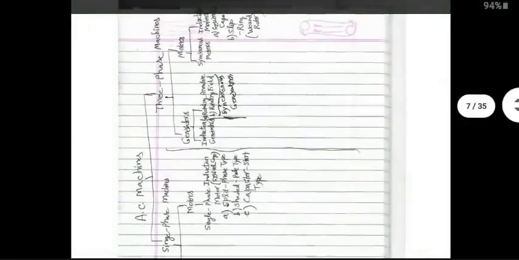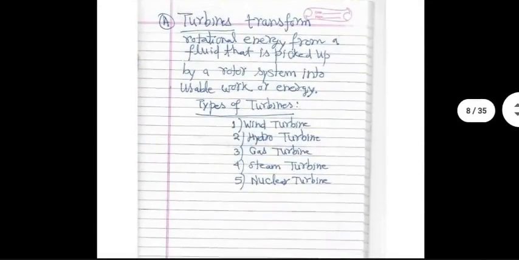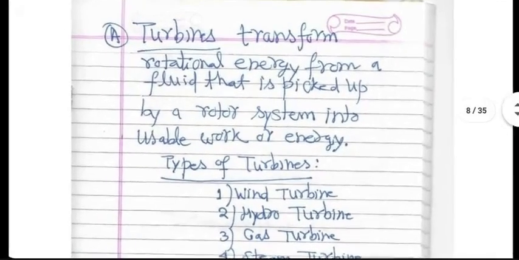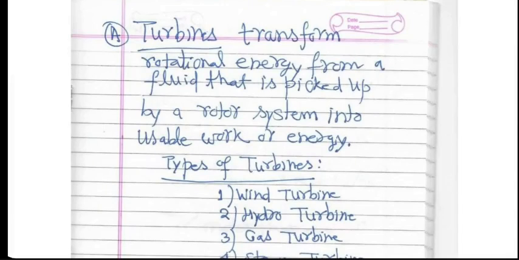Now, this is probably not readable to you, but I have got the same info later also, so I'll skip this for now. Turbine. What is the formal definition. Turbines transform rotational energy from a fluid that is picked up by a rotor system into usable work or energy.